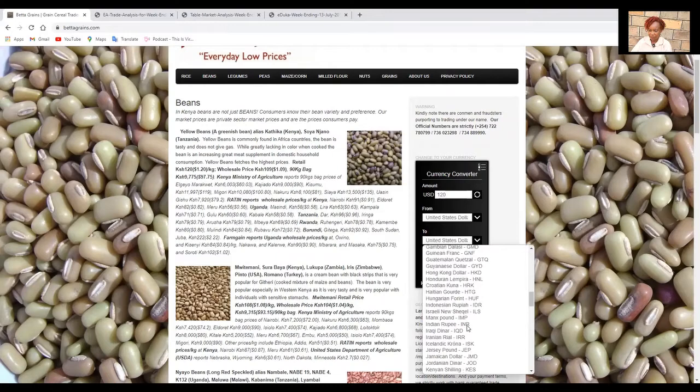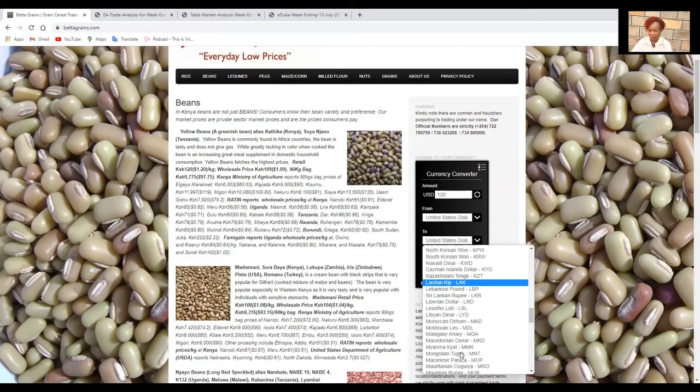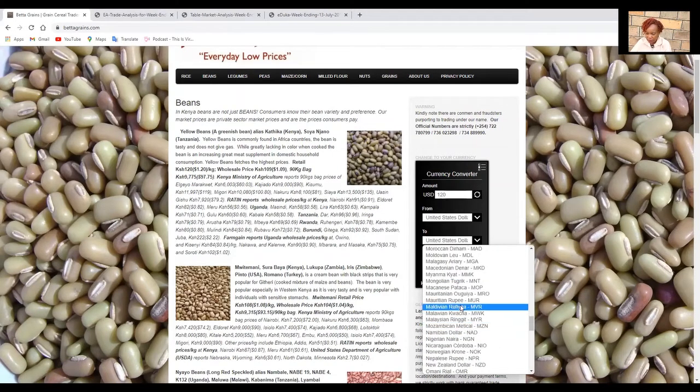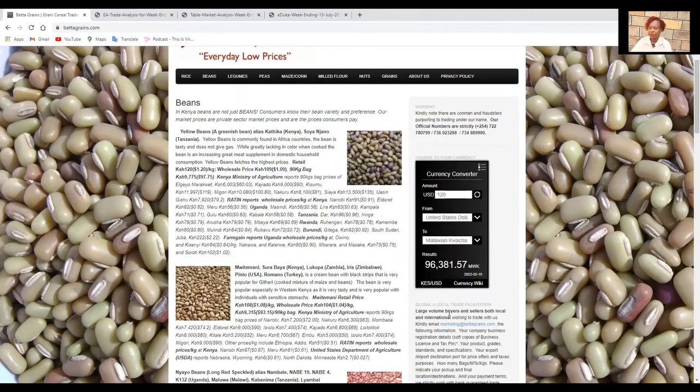I'm having a difficult time finding Malawi. Yes, Malawi and kwacha is there. So for example, if I look at the yellow beans here, I'm saying my retail price is 1.2 US dollars, sorry. It tells me that is going to be 963.82 Malawi kwacha.